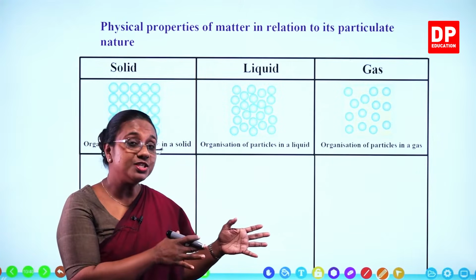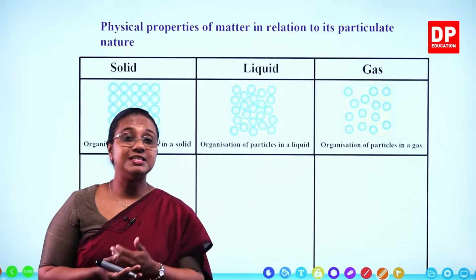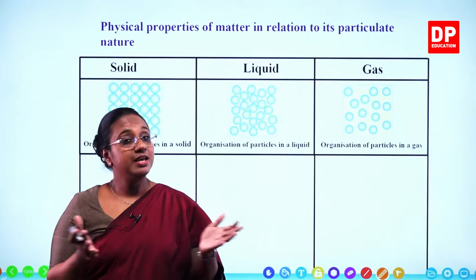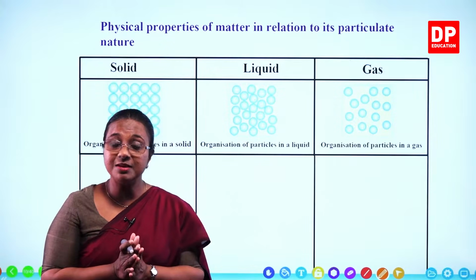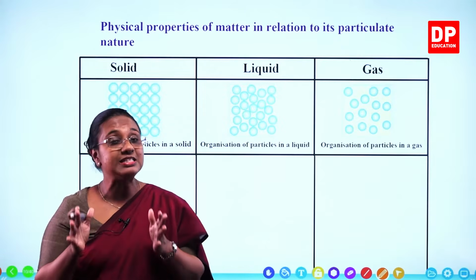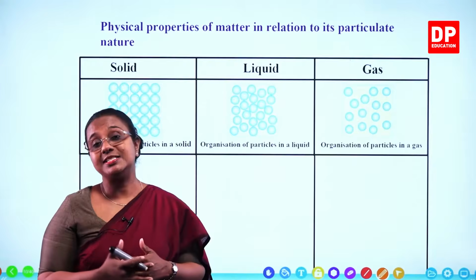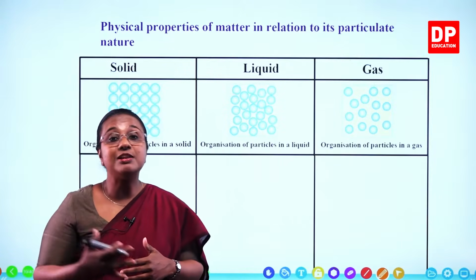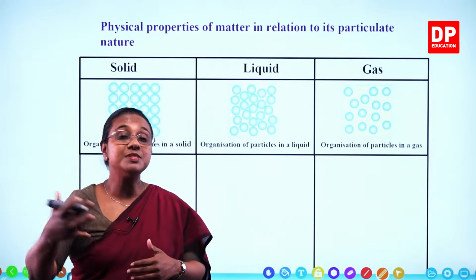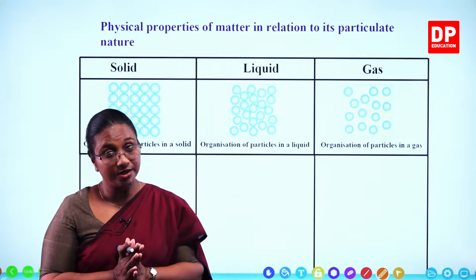So from the refrigerator, if you take the ice cubes and put it into a container, you place it outside for some time, you all know it will melt and become water. So there it is the liquid state of water. Again, you all know if we boil water, water becomes steam. That is the gaseous state of water.